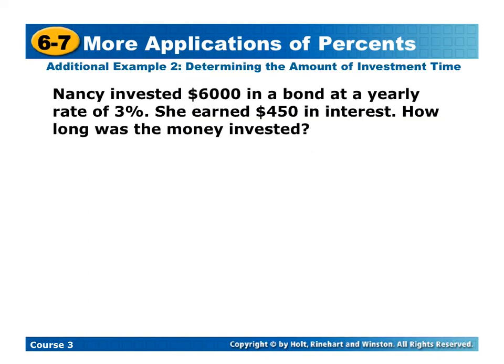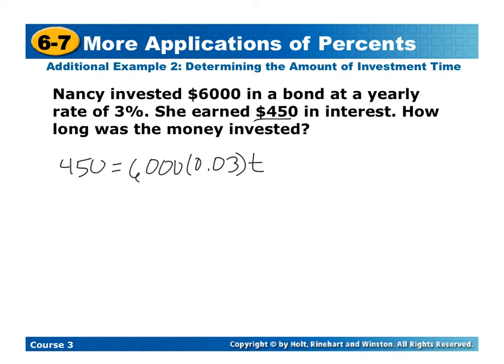Sometimes it's not the amount of interest that's earned that we're figuring out, sometimes it's something else. So for example here, Nancy invested $6,000 at a 3% interest rate. She earned $450 in interest. We want to know how long she invested her money. So I'm going to simplify what I can on the right side of the equation.